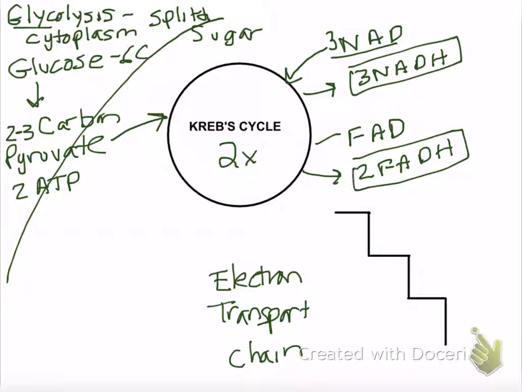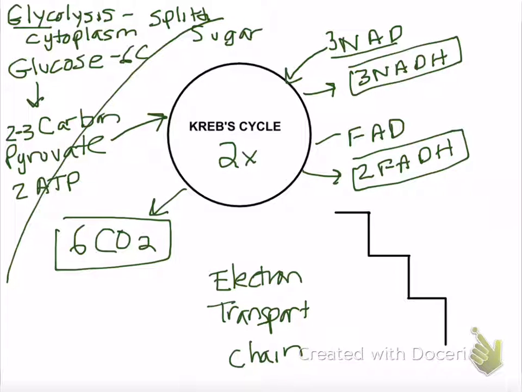And this step is where we produce our carbon dioxide. We get 3 carbon dioxide per spin for a total of 6 carbon dioxide. So during the Krebs cycle, we take the pyruvate, we turn NAD into NADH, and we turn FAD into FADH.